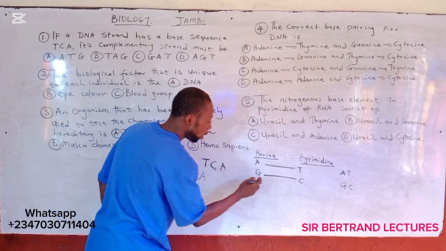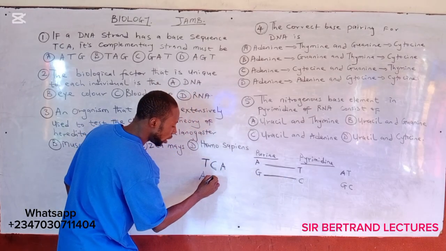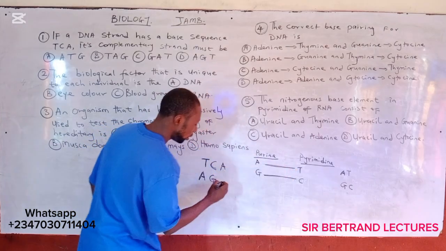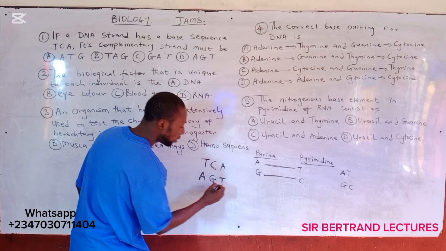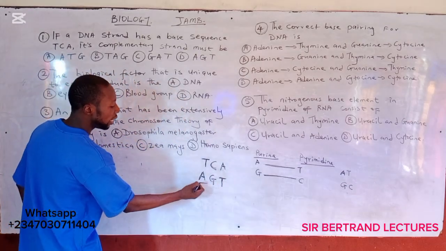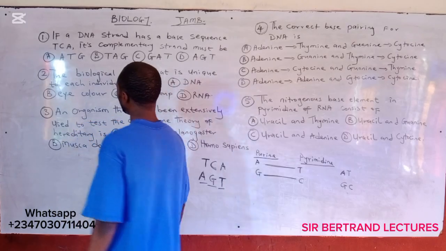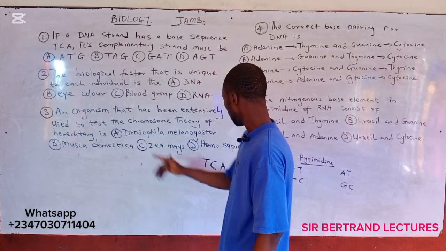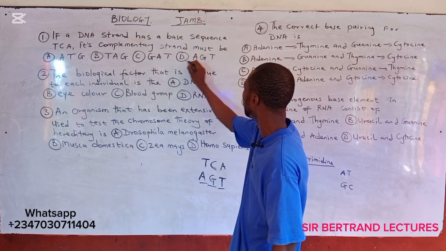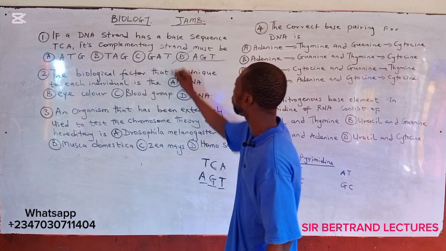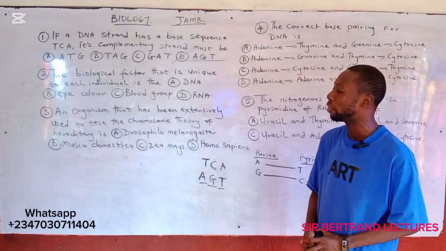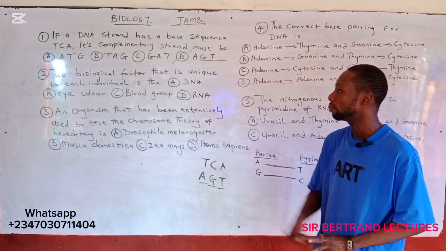C must pair with G, so we have G here. Then A pairs with T, so we have T here. So the complementary strand here is going to be AGT. Do we have that in the options? Yes, this is the answer. Option D will be the complementary strand of base pairing of TCA.